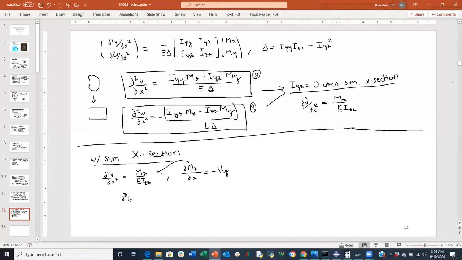So this is the third order differential, times E Izz, the third order differential.